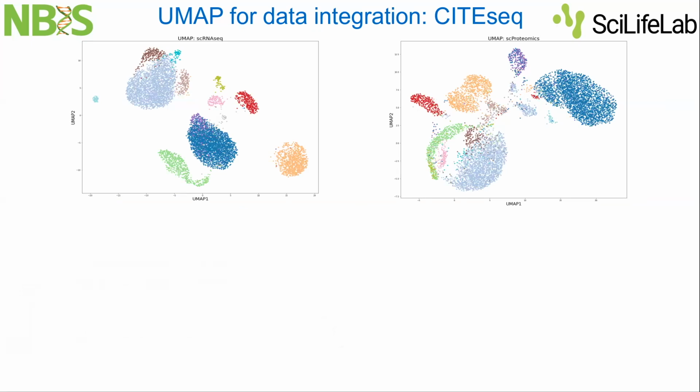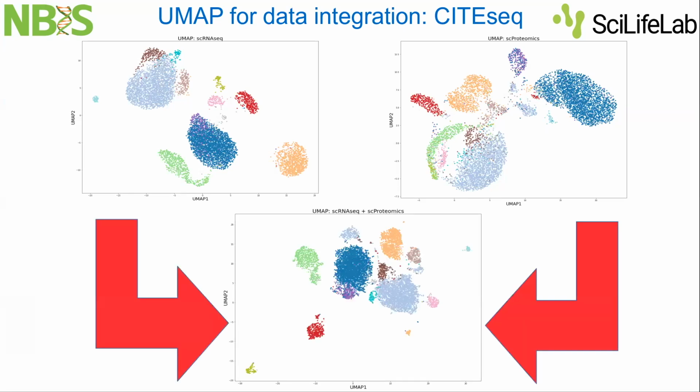Because remember that UMAP starts with graph construction, so it constructs high-dimensional graphs, and then it's absolutely natural to do this. You build 2 high-dimensional graphs for individual omics, and then with just one single line of code, you can overlap them, and you get this beautiful consensus graph, which is a combination of RNA-seq and single-cell proteomics.